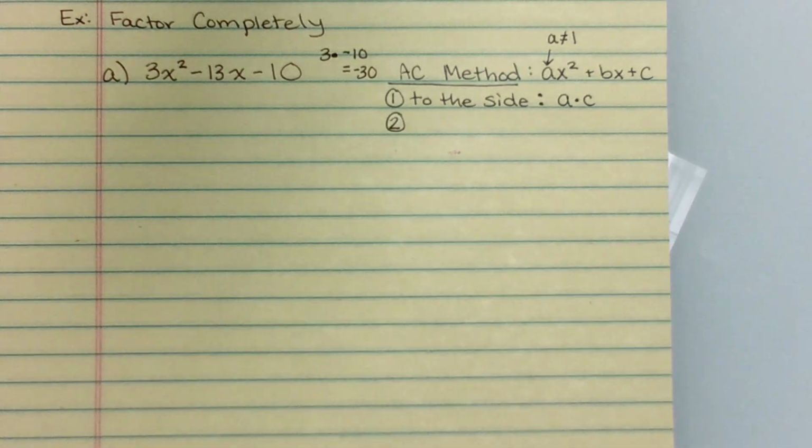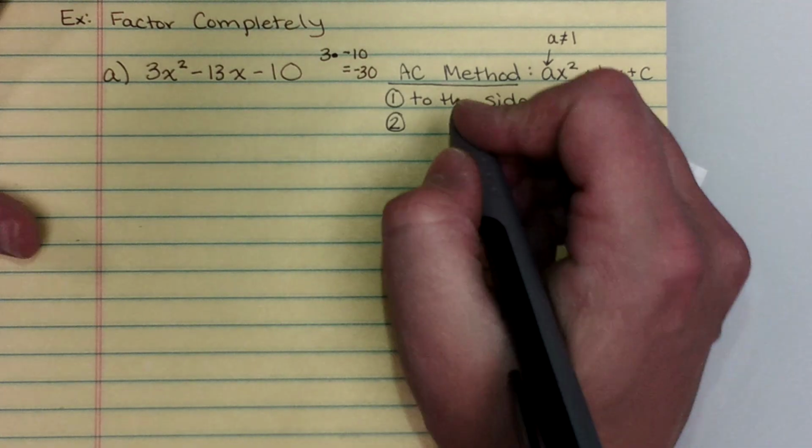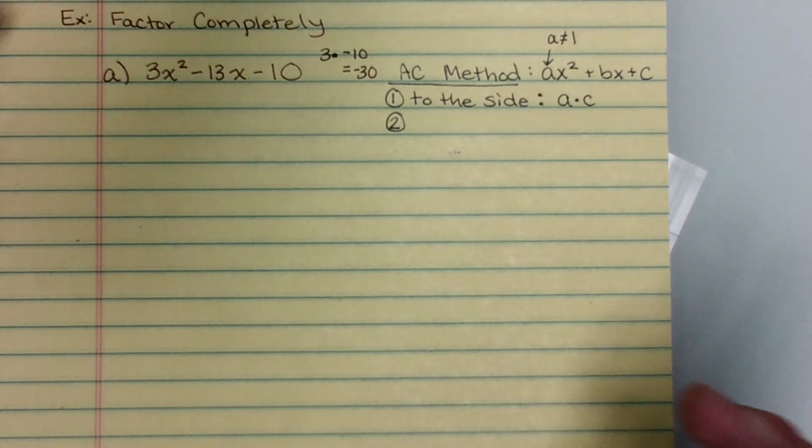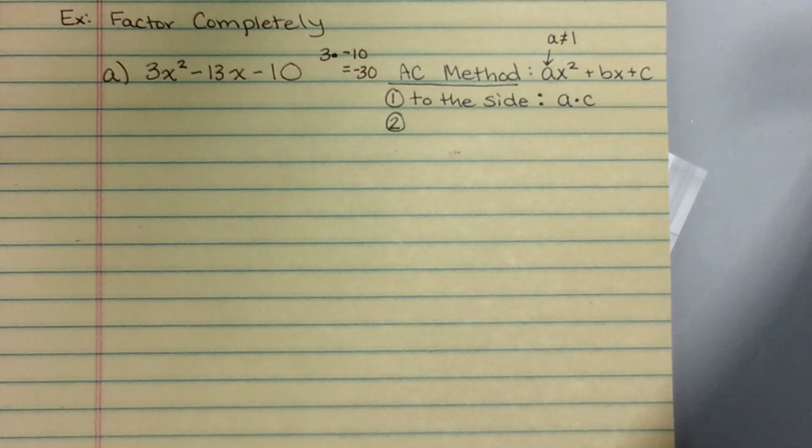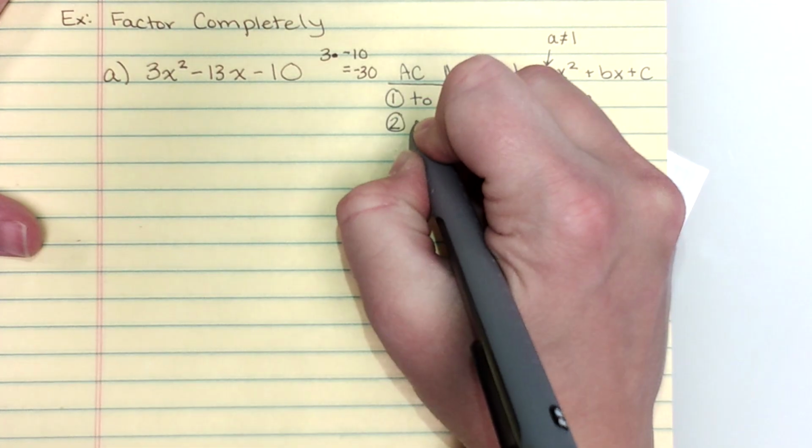Step 2 is going to look similar to what we did yesterday. And it's going to look similar because what we did yesterday was a shortcut for what we're doing today. That's why I call it the shortcut, because it's kind of the AC method, but it's got some things chopped up because of how it's going to work.